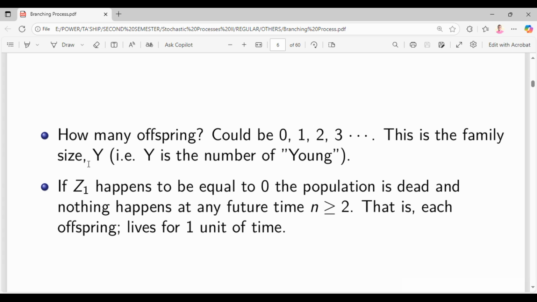If we have a human being giving birth to a family, the family size of that one person is going to be denoted by Y. So Y could be any of these we spoke about. If Z1 happens to be equal to 0, then the population is dead and nothing happens at any future time n greater than or equal to 2.